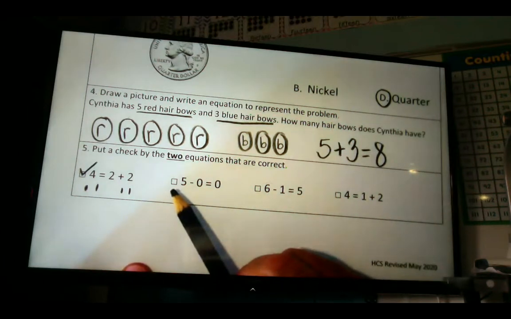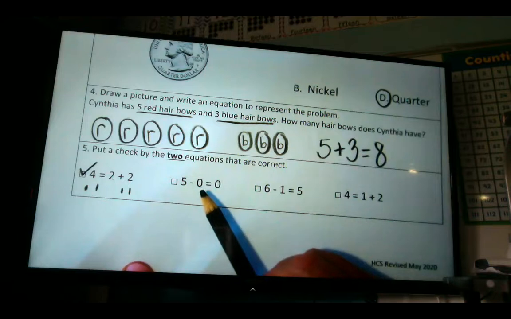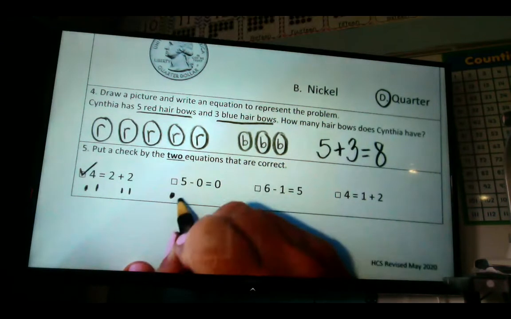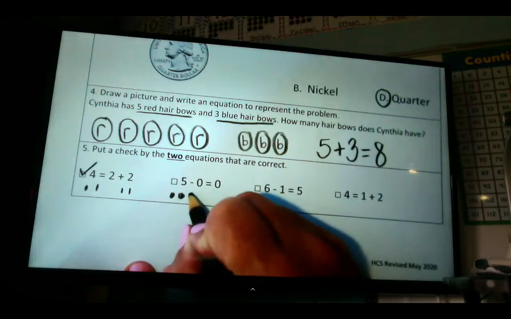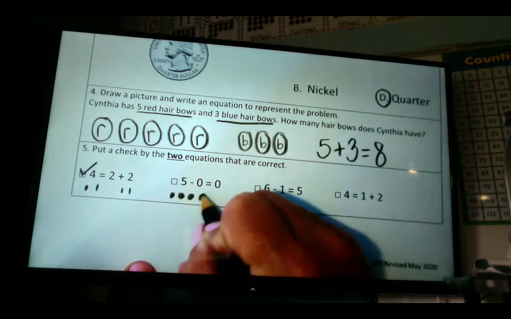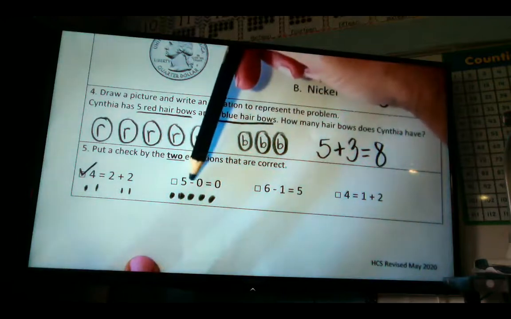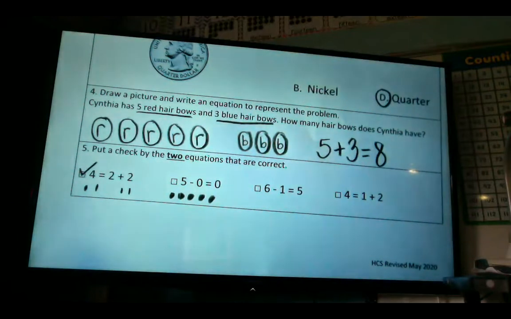It says 5 minus 0 equals 0. Let me draw that. 1, 2, 3, 4, 5. I'm going to take away 0. How many do I have?